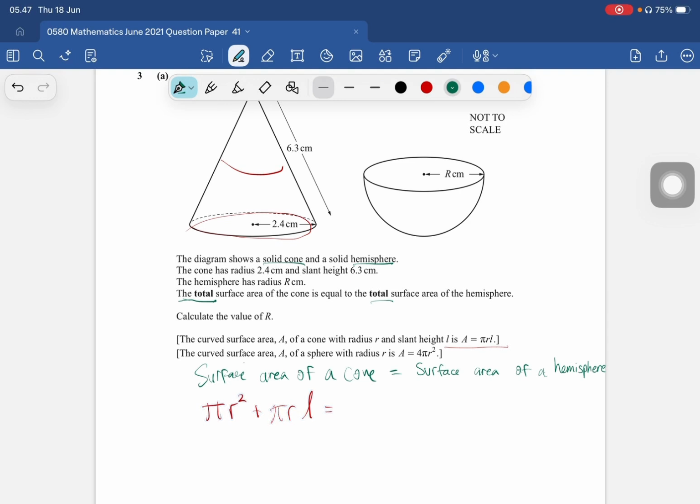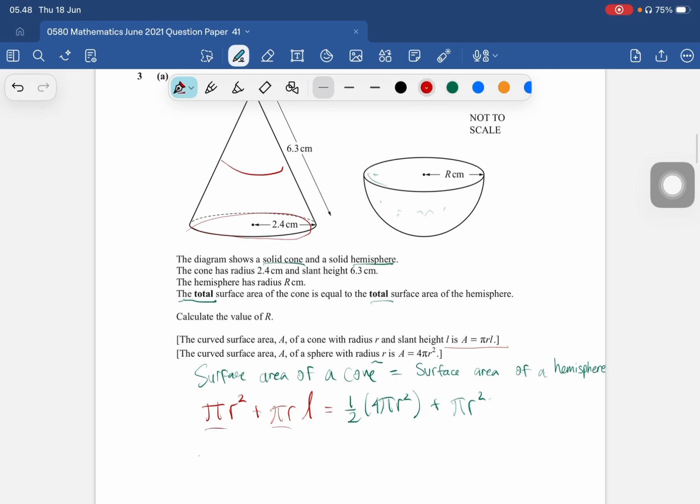So here is the radius R, the surface, the curve. Okay, the curve only. As this is not a full sphere, only a half, we get a half of 4 pi R squared. We add, here we have the circle again, so this is pi R squared. So let us proceed.